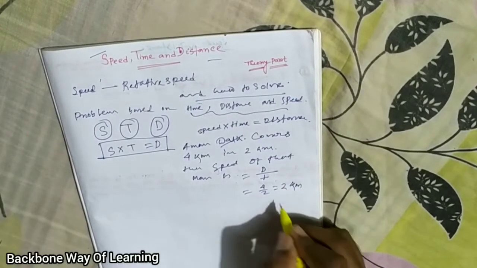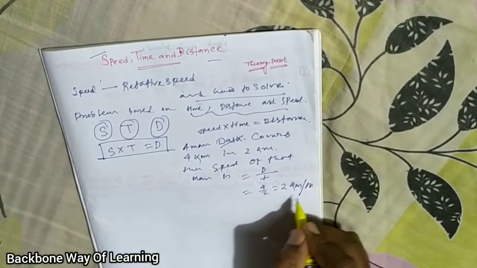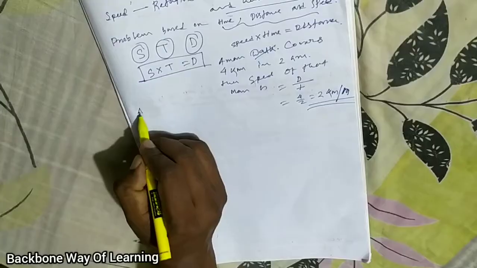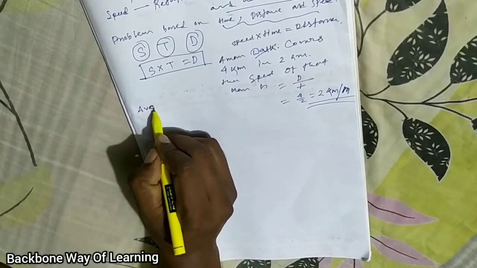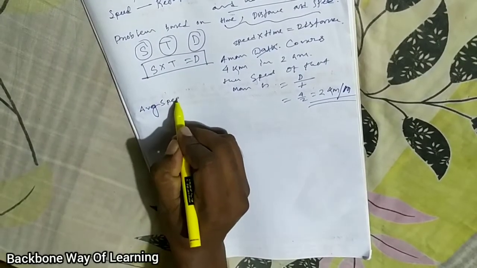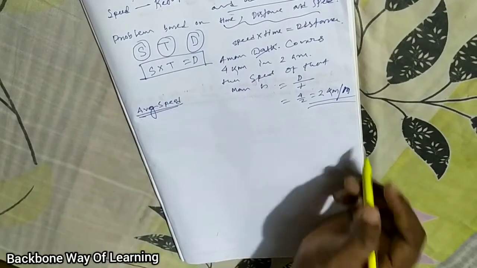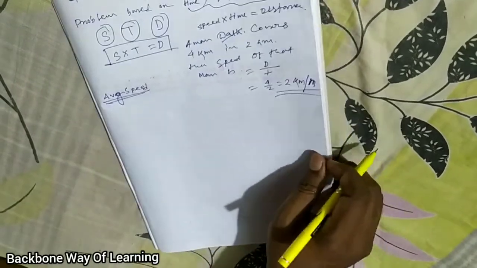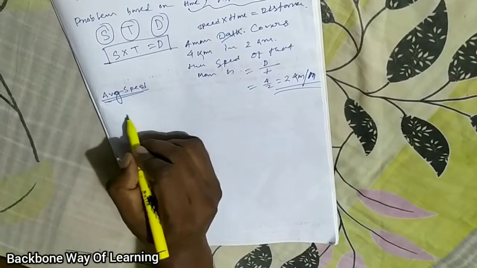The answer is 2 km per hour. The unit of speed is km per hour or meter per second or centimeter per second.